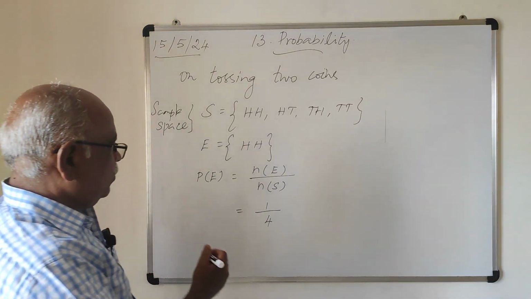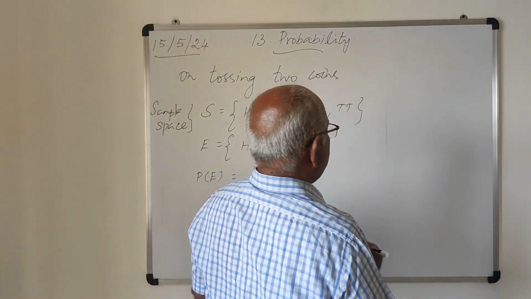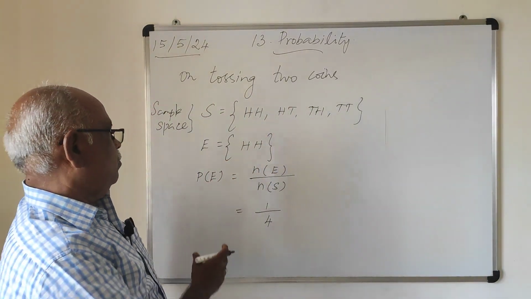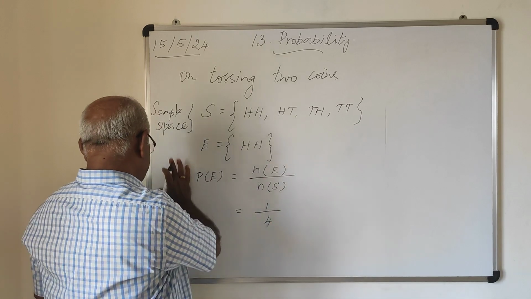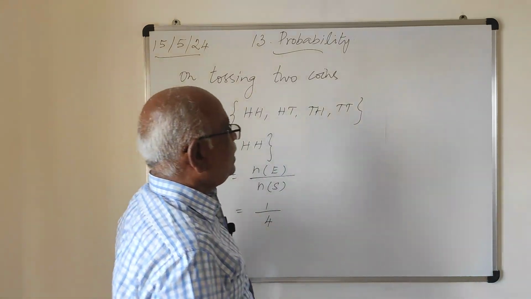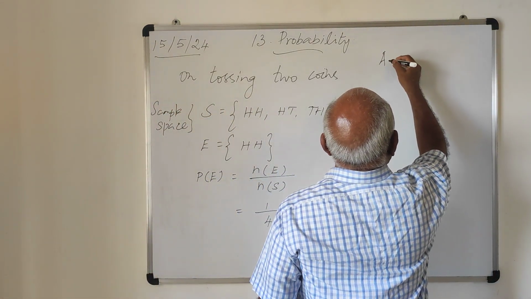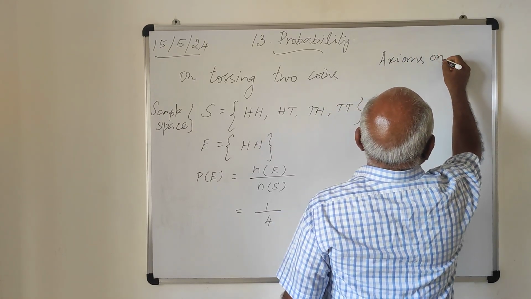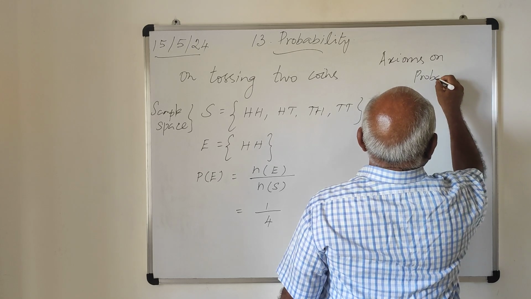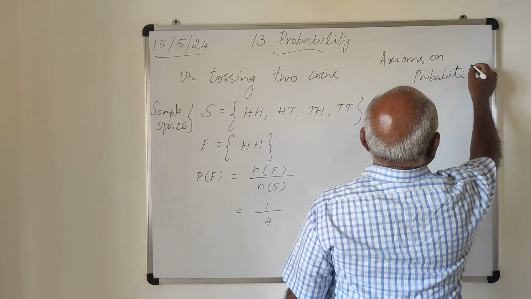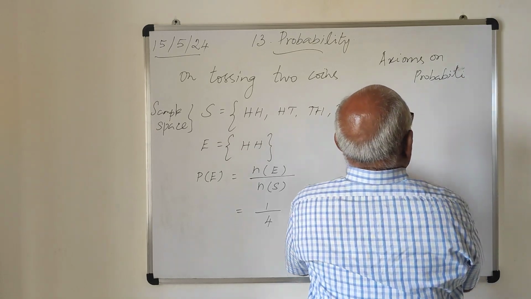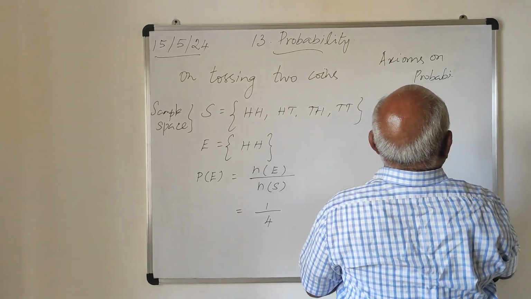So, the probability of an event should always be positive, and it lies between 0 and 1. It should be a fraction only. So that is called the axioms of probability. You have studied these axioms of probability.